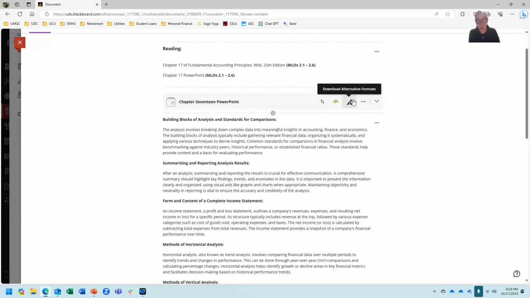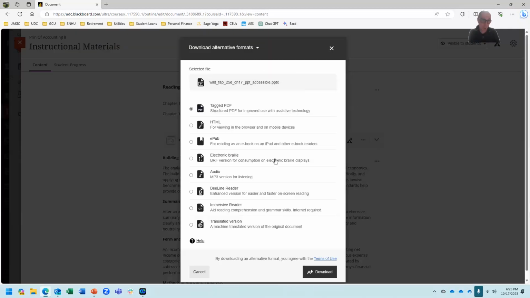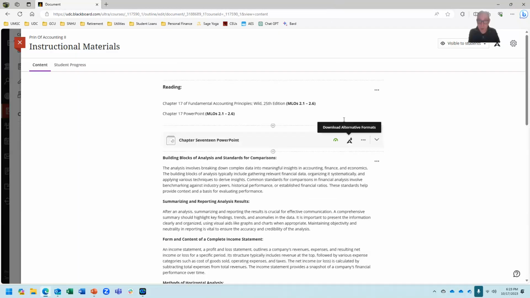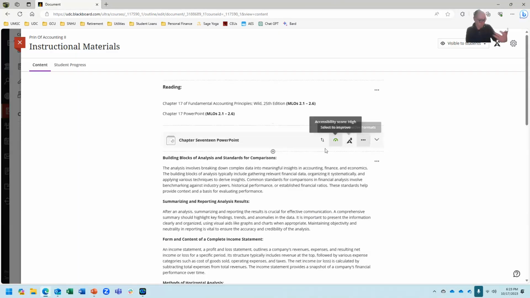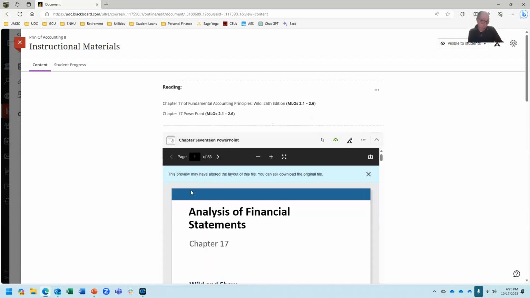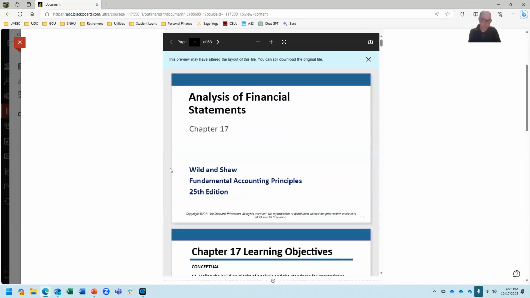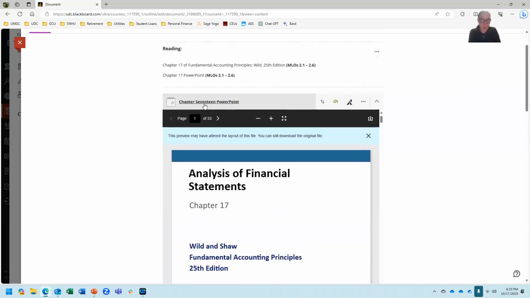You can download this in a lot of different formats, whatever is easiest for you. You can also download it in the original format. Or you can just open it up and it's right there in the reader as well. So whatever's easiest for you, but it's there.